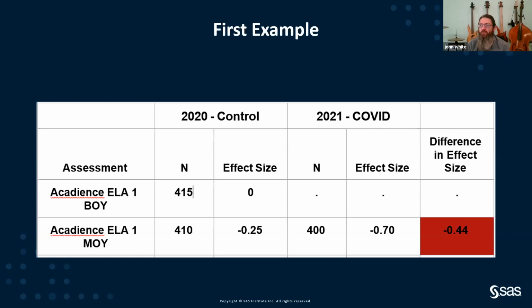Maybe overall you look at some of the first pages and say, you know what, I don't really see that much of a difference by individual subject grade of how we were doing based on our control group versus our COVID group.